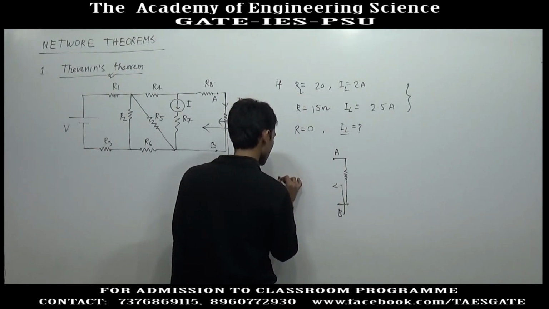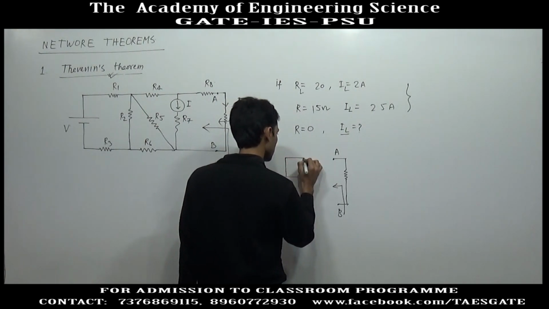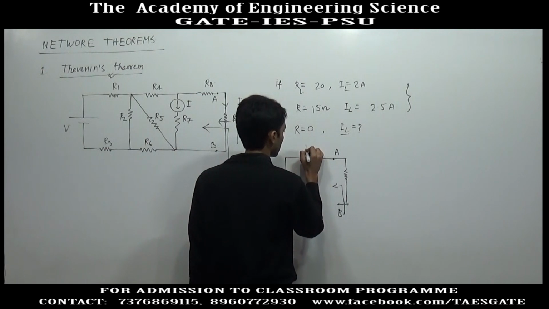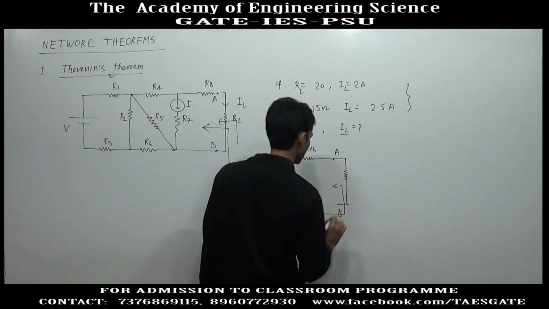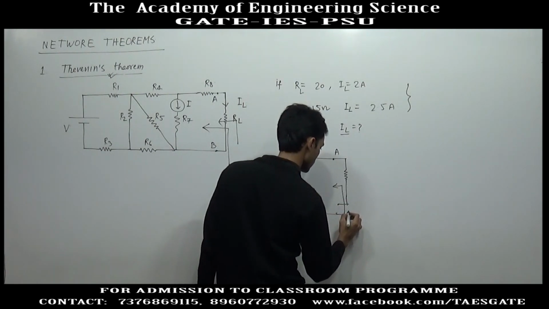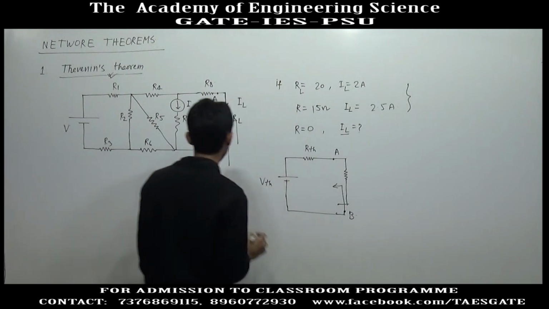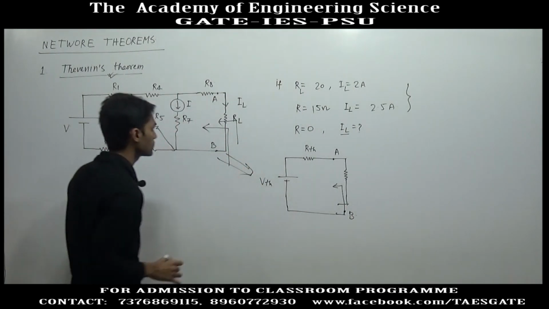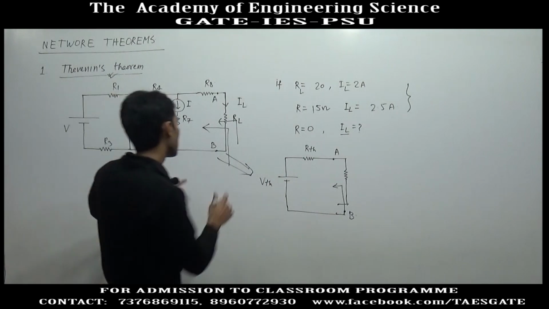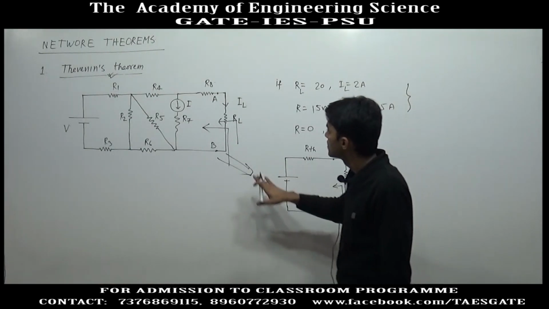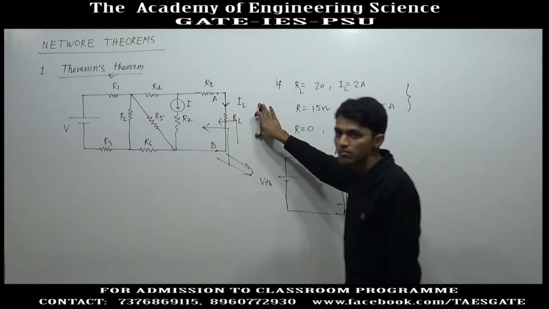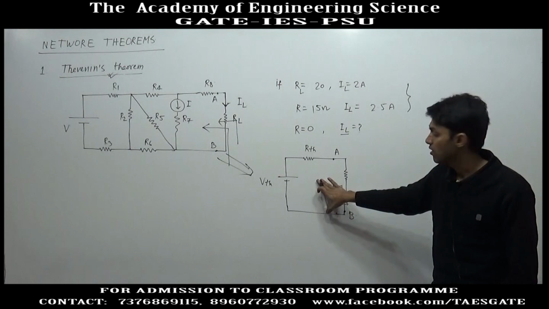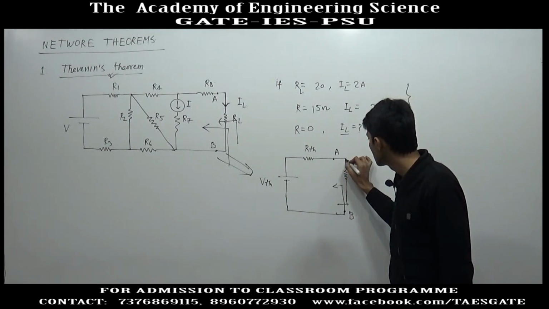So this will contain a voltage source VTH and RTH. This is the Thevenin equivalent circuit of this bigger circuit. Equivalence means that the amount of current found using this circuit must be the same as the current found using the original circuit.